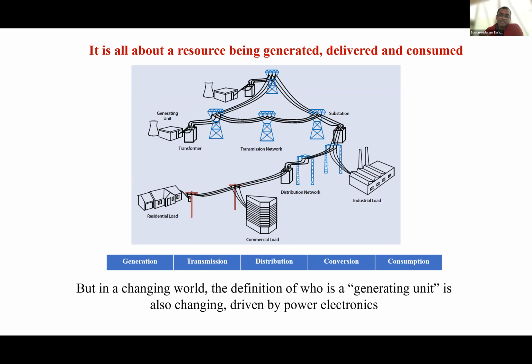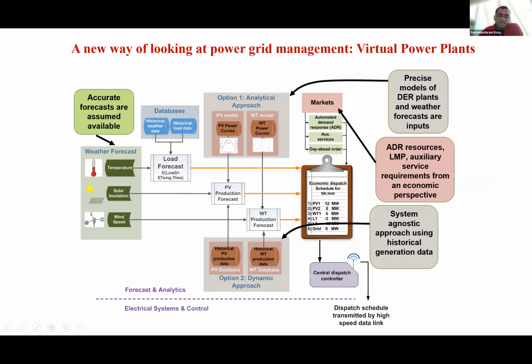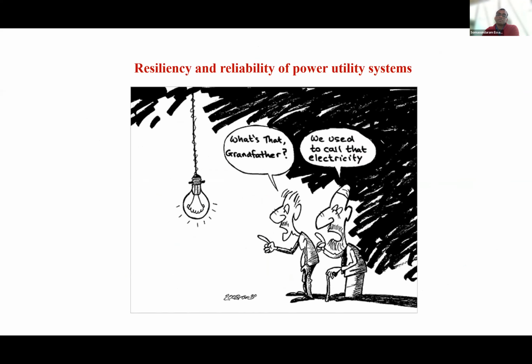So you can quickly bounce back when it comes to providing power to the end users right after a failure in the transmission system or the generating plants, right? So you can see how both resiliency and reliability can be improved by using distributed energy resources that are enabled by power electronics, right?